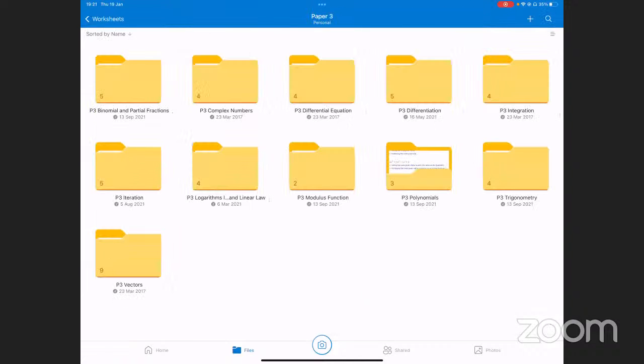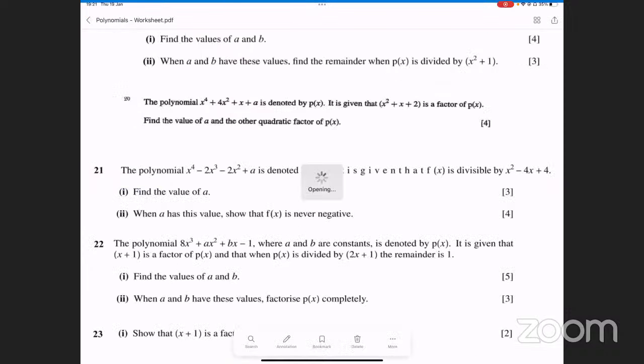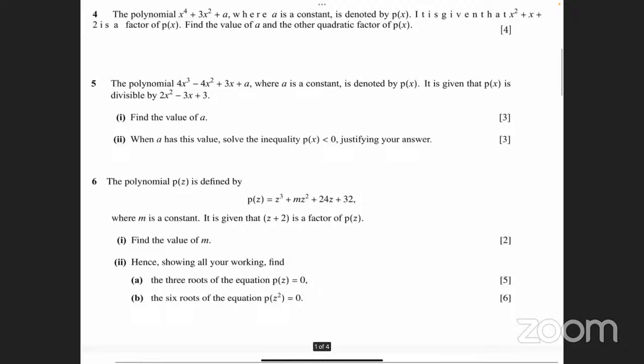Paper 3, polynomials worksheet. Okay. I'm starting with this question. This is question number 4 from the worksheet. Let me just copy this there.